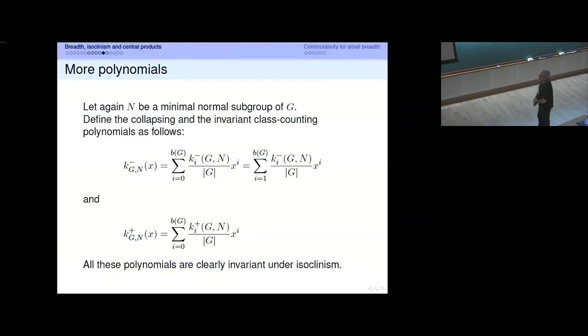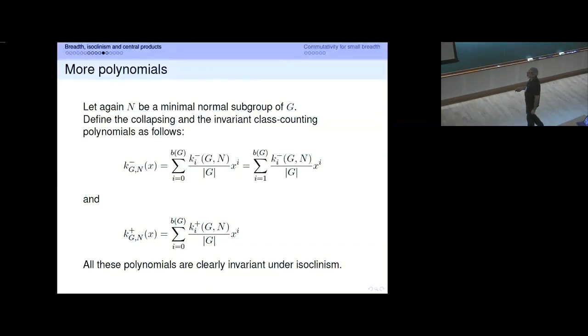Now I take these numbers. Now the collapsing class-counting polynomial will be just the sum of these coefficients, ki minus over the order of G. This will be the coefficients of the polynomial.